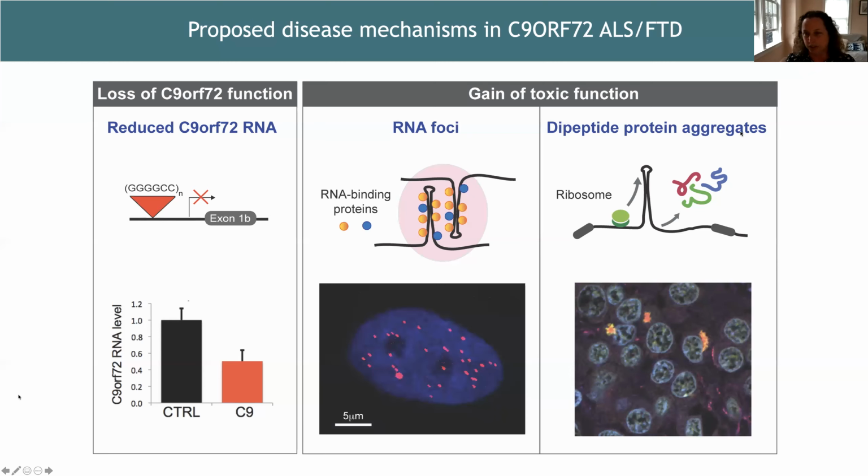Another gain of toxic function is a mechanism that is relatively recently described by Laura Ranum. And she first described that in myotonic dystrophy and SCA8. And this is the fact that an RNA that contains an expansion can be abnormally translated, actually in all frames, even if you don't have a translation start codon.